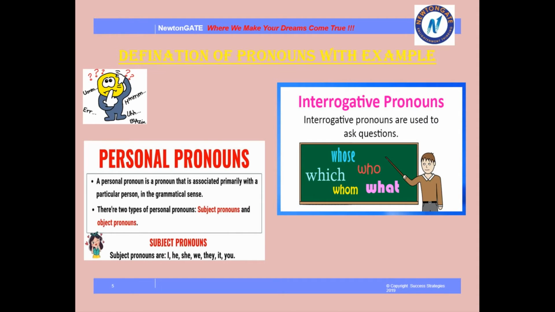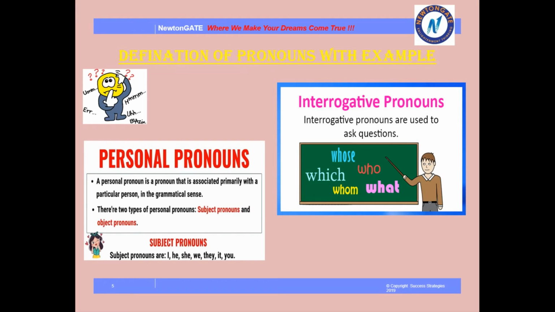And why are we calling this a subject pronoun? Like, she is a very good girl. I am speaking about a sentence that she is a very good girl. Now in this sentence, who is the subject? She is the subject. I am talking about her. For that reason, that is a subject pronoun.